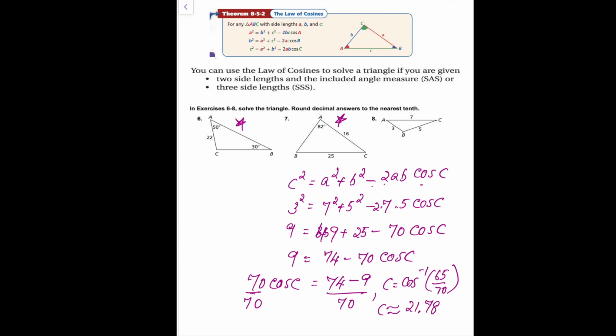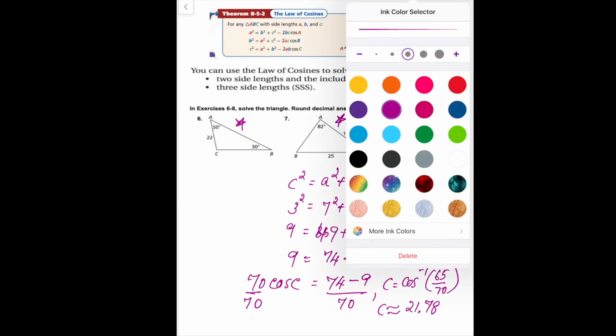And same way you can do angle B, use cosine B using the equation.